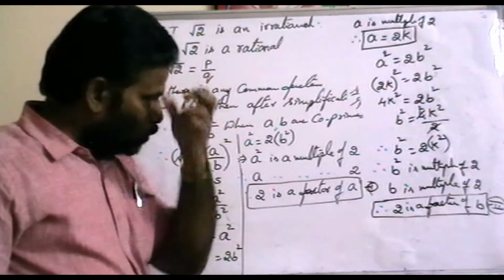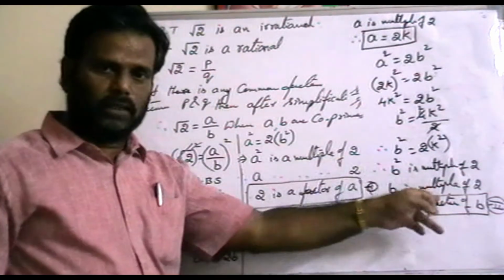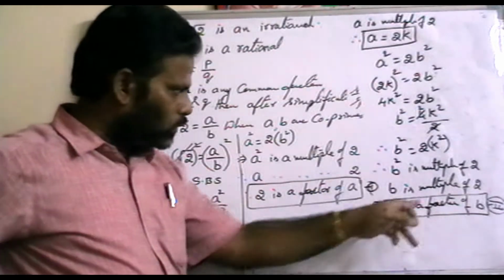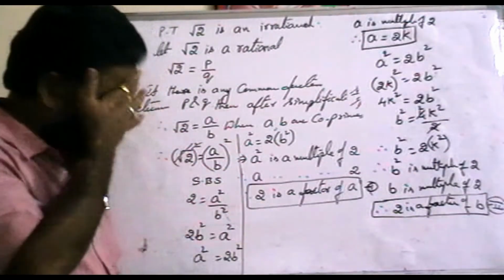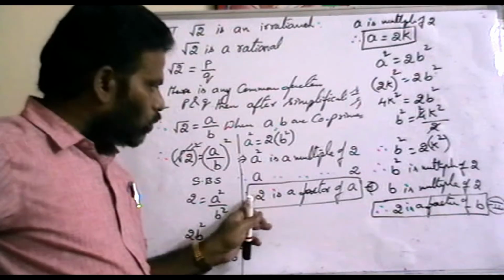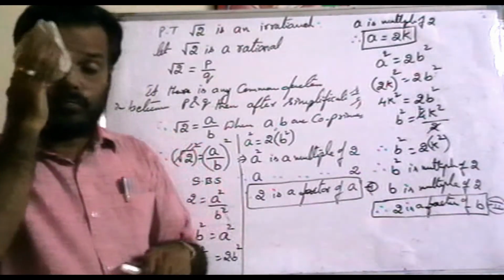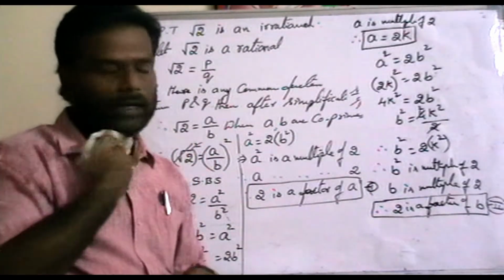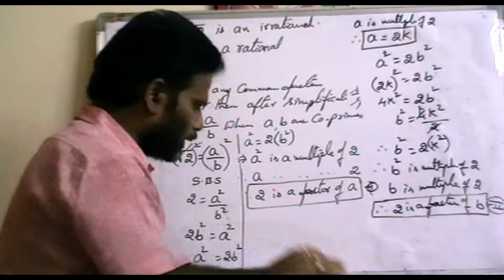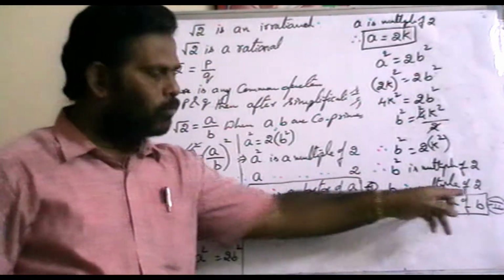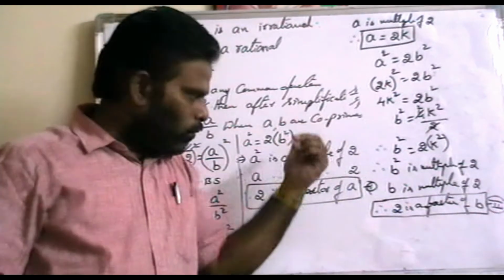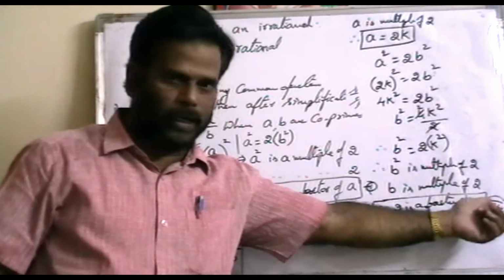Now from 1 and 2, we can say that 2 is a common factor of a and b.